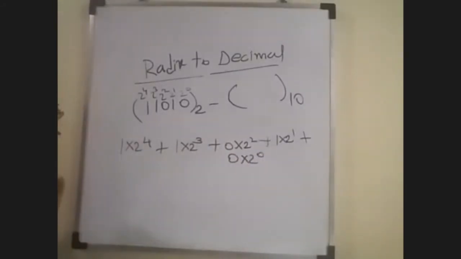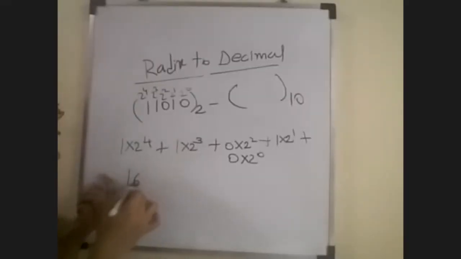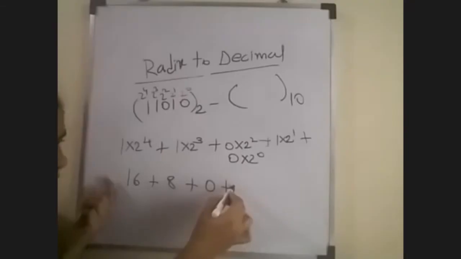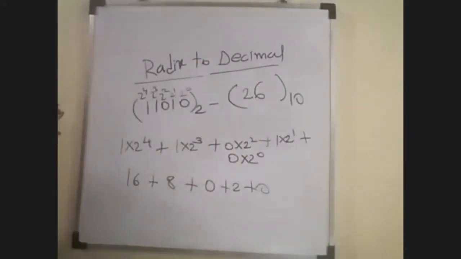So 1 into 2 power 4, what is the value? 16 plus 8 plus 0 plus 2 plus 0. What is the value? 26, right? 26 is the decimal value.